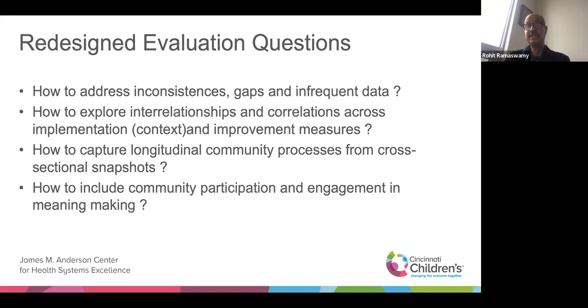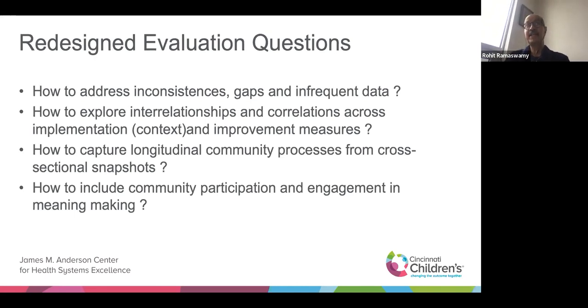The other key change that we made, and I'll talk about this a little bit later, is that what we really wanted to capture was the story of these communities. Over the period of 2.5 years, these communities had accomplished a tremendous lot, but we did not have the longitudinal data. All that we had were these monthly snapshots that were collected. And the question is, what happened in between? What is the story of how growth and transformation took place or did not take place within the communities?